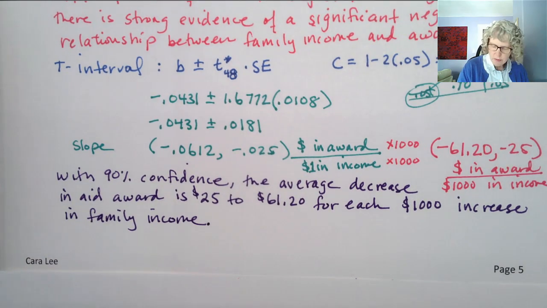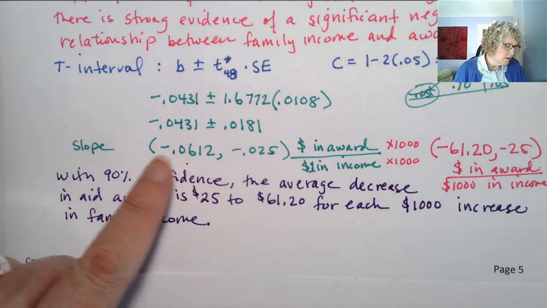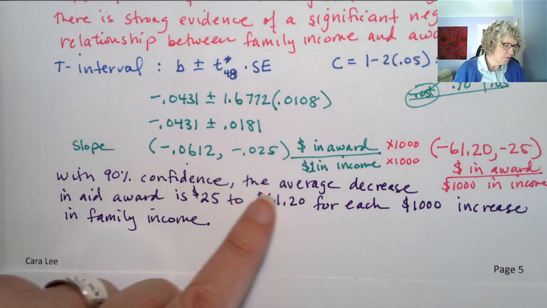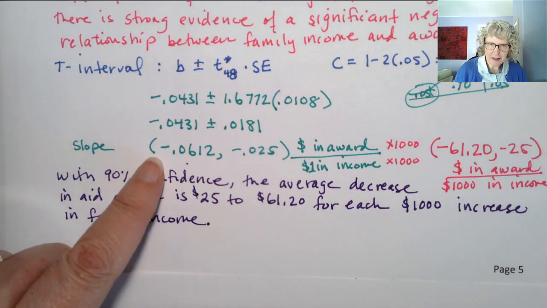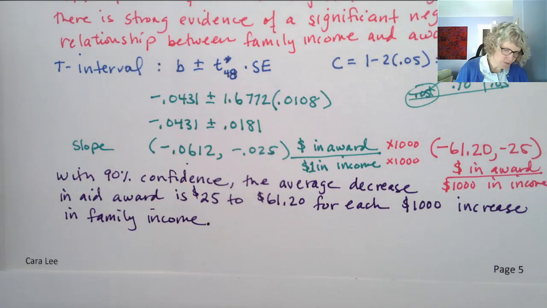Now we want to talk about whether they agree or not, and because 0 was not in the interval, and it's a left tail test, so because the whole interval is negative, that's also going in the correct direction, they do agree.